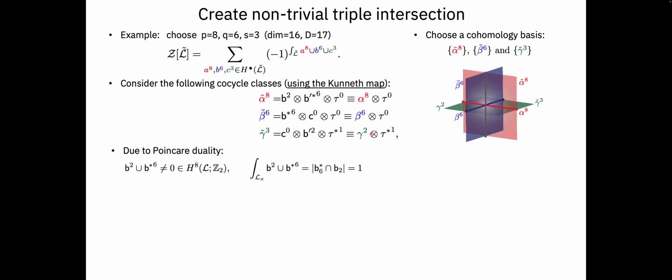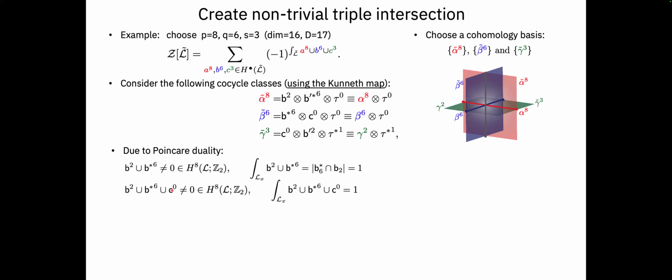Due to Poincaré duality, in the 8-dimensional CW complex, we can always find a pair of cocycles such that their cup product is non-trivial, and the sum of the cup product over the entire CW complex will become 1. And that's really because of Poincaré duality.